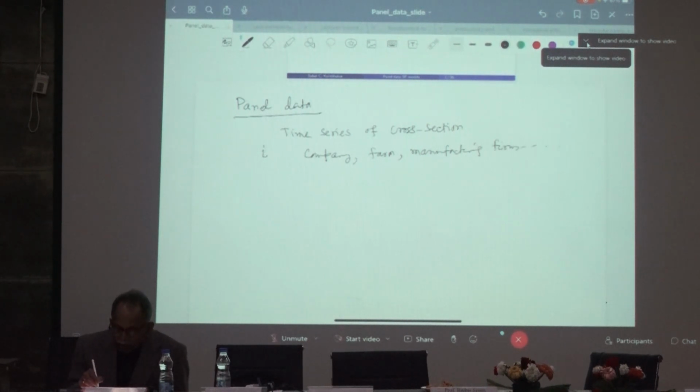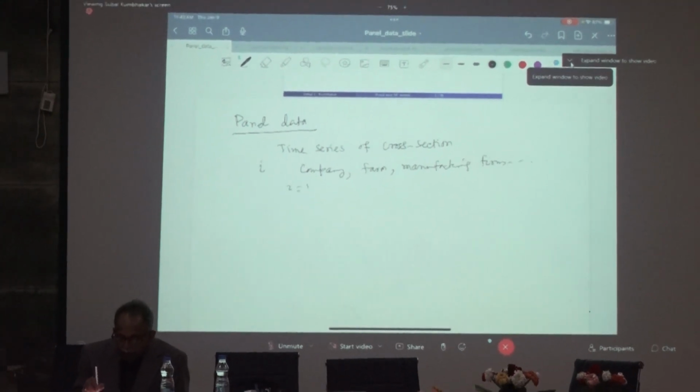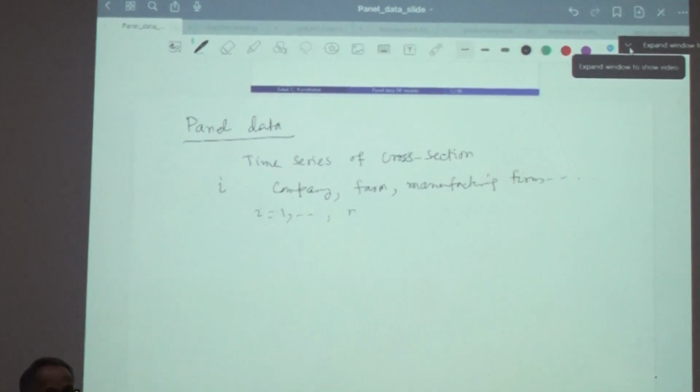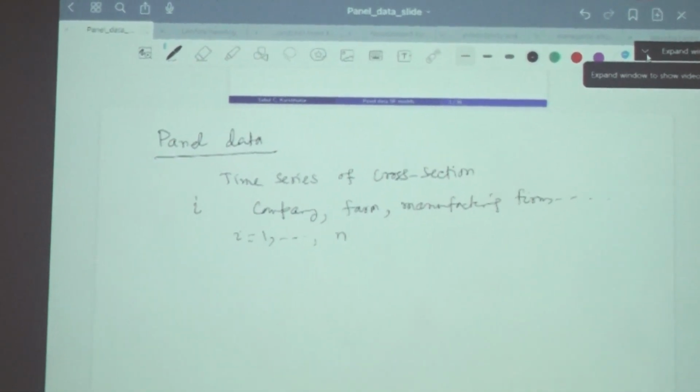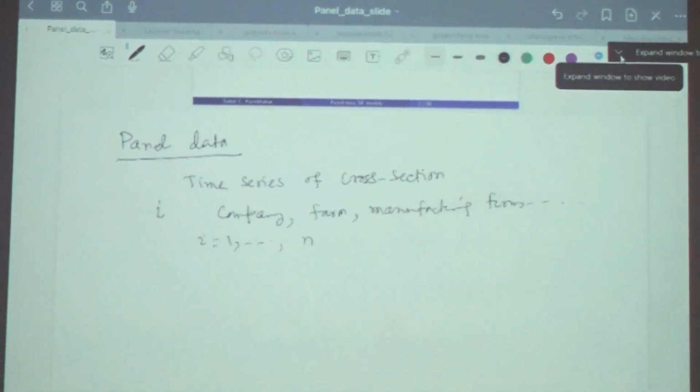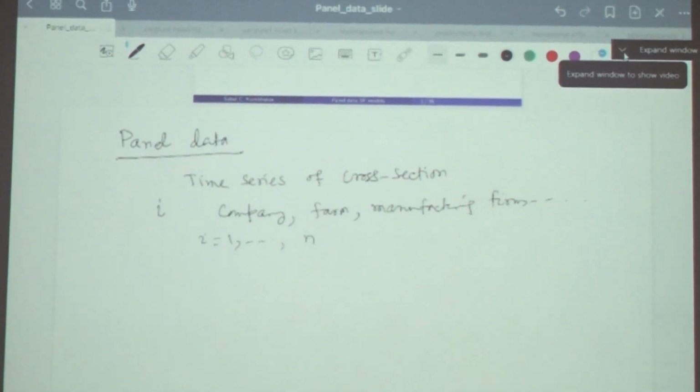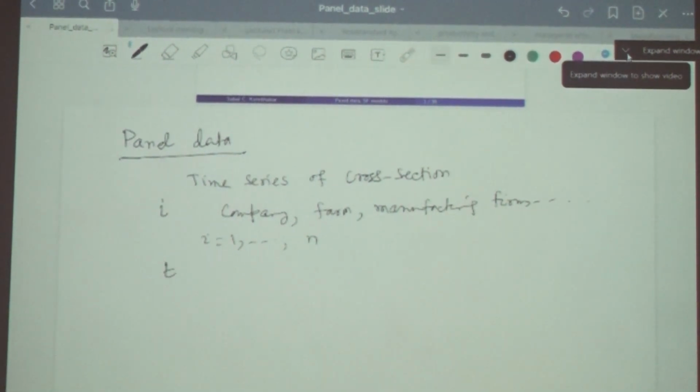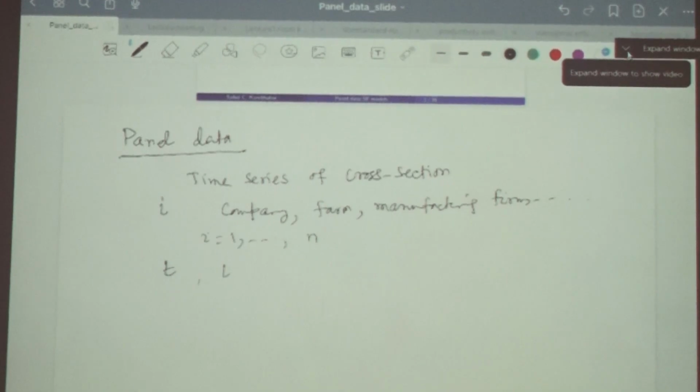And then again, so this will go from, let's say, i equal to 1 through n. So there are n individual, like firms or companies at a particular point of time. And then again, we have another subscript t for time. So let's suppose t is going from 1 to big T.